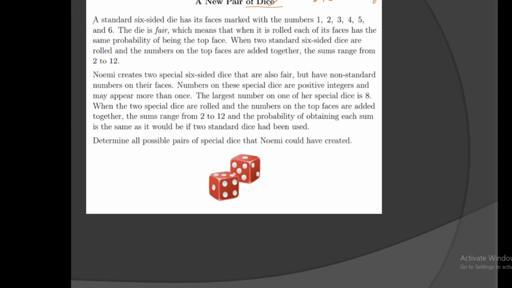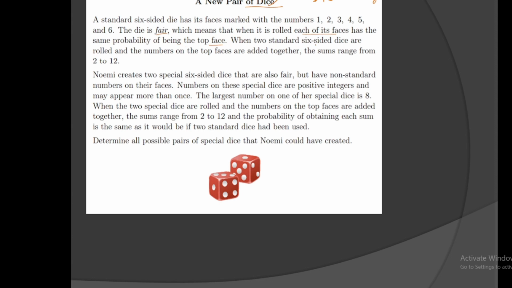Okay, so our question says that a standard six-sided die has its faces marked with numbers 1, 2, 3, 4, 5, 6. The die is fair, which means the probability of getting any event is equal, which means that when it is rolled, each of its faces has the same probability of being on the top face, right?